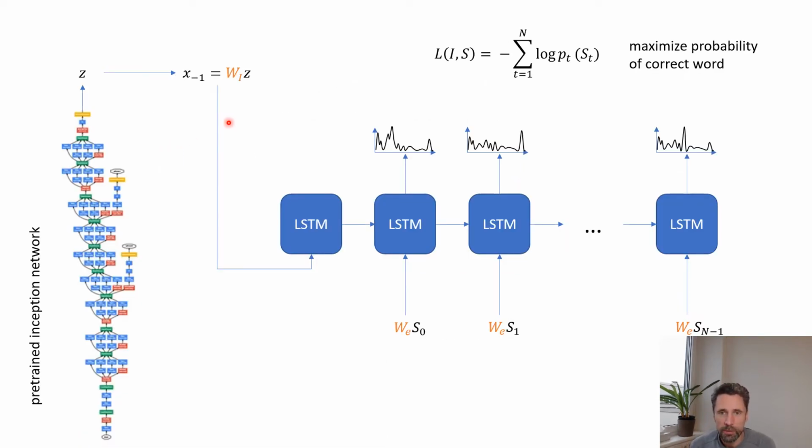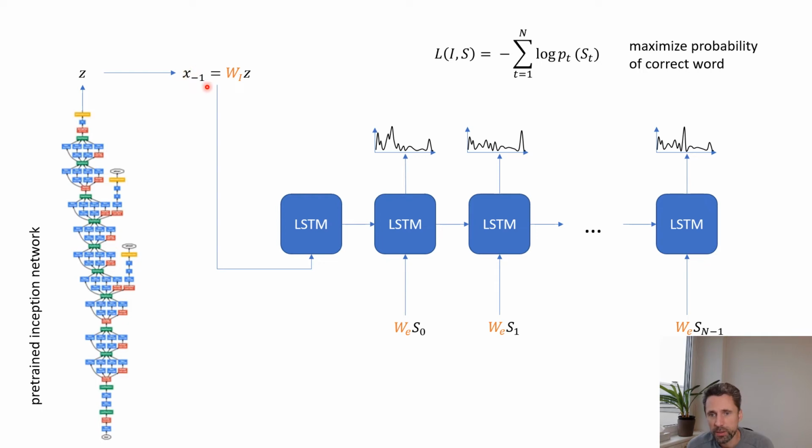Again, the algorithm can be described with a single slide. As I told you, we want to have an image encoder, a model that takes in an image and comes up with a representation Z that describes everything that is in the image.